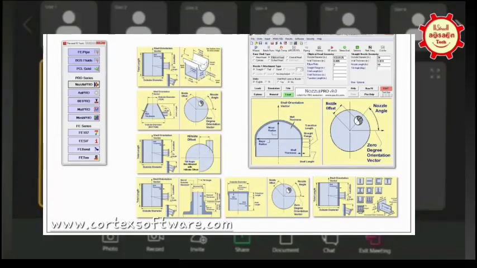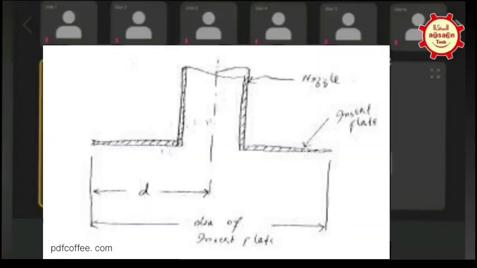The second method is you can do the analysis in Nozzle Pro. Even after trying these two methods, if it is not passing, then you can try to give an insert plate. That is, you locally thicken the shell.